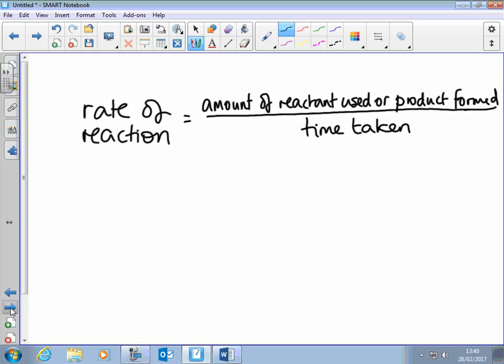Now, the next thing to start looking at then is the factors that affect the rate of reaction. And this is what will lead us on to a bit of practical work for this afternoon. We're going to start just with an overview of factors that affect the rate.